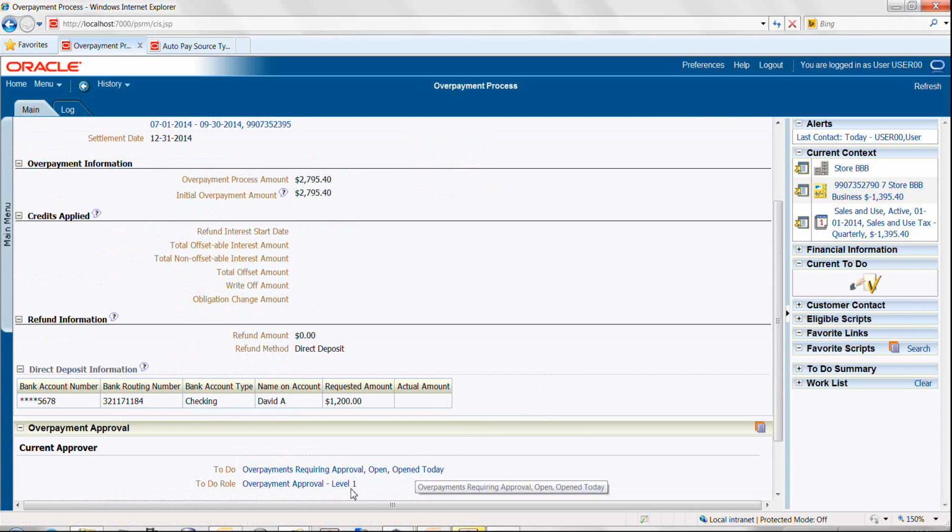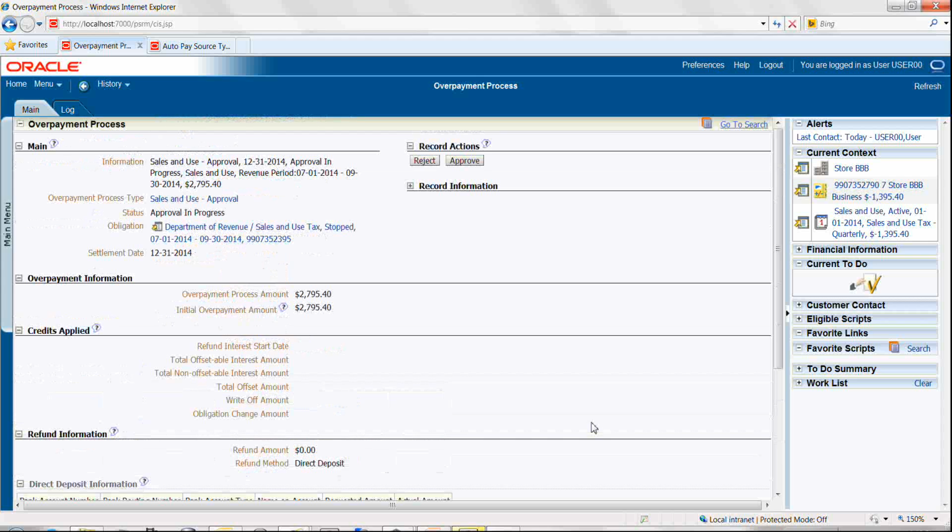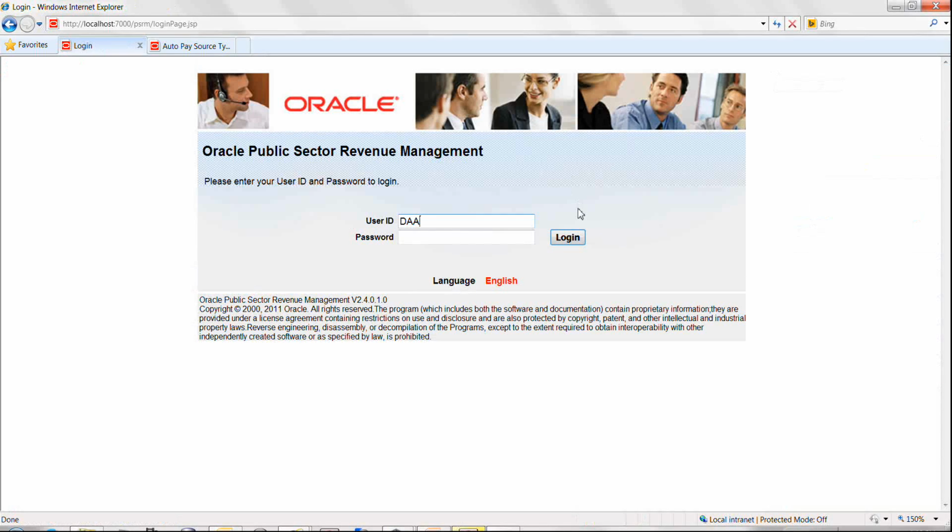A to-do has been created, and I need to complete the to-do and log in with a different user, and that user will be able to complete this overpayment and approve it, and then we will be able to carry on. Because we have the overpayment process type set to have approval, and it's above the 100 amount that we set for approving, I need to approve it. And in order to do that, I'm going to log out and come in with my own personal login.